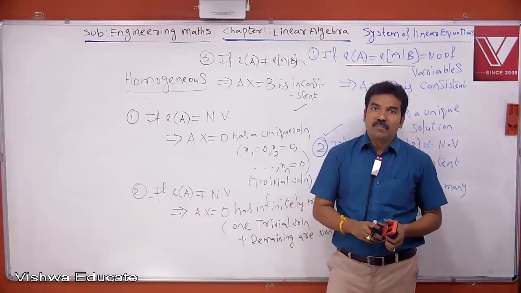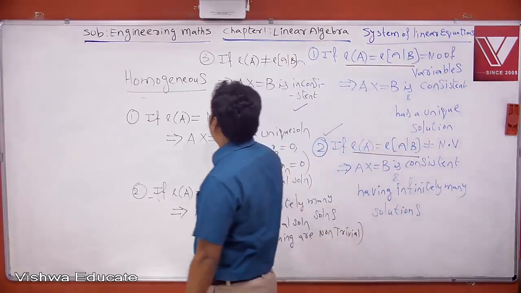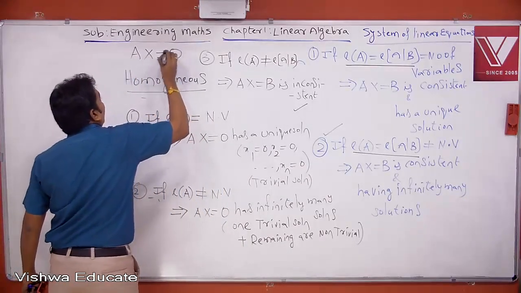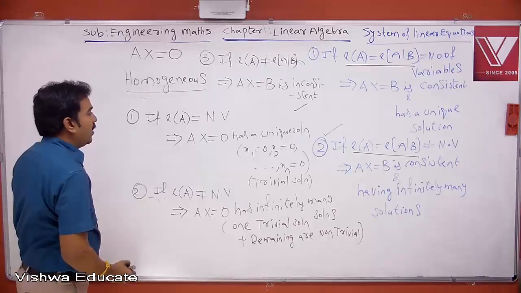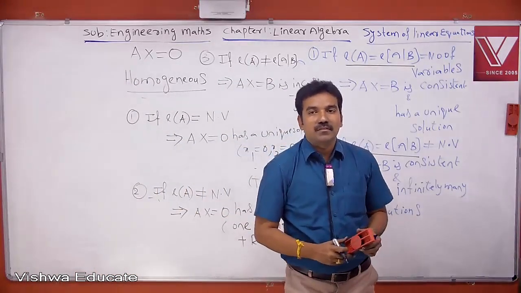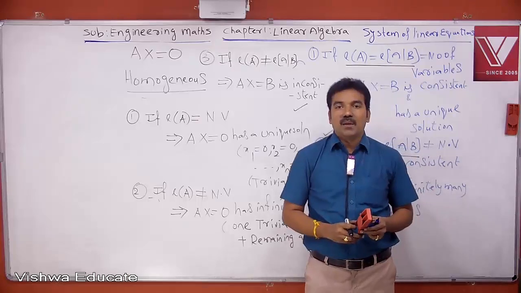And this is denoted by AX = O, where O is a null matrix.